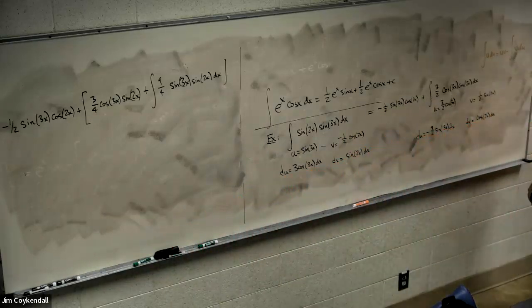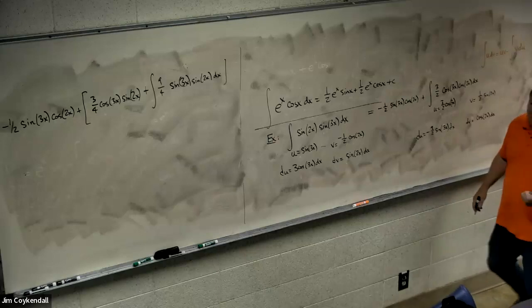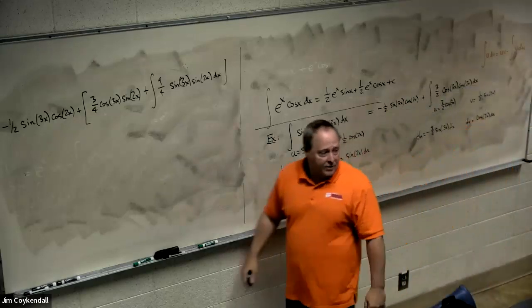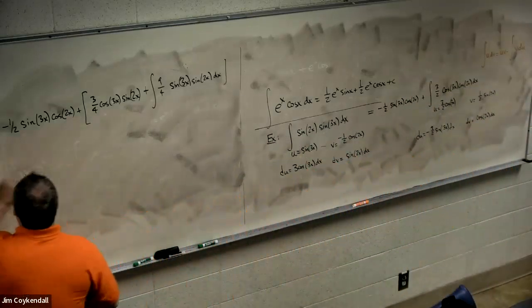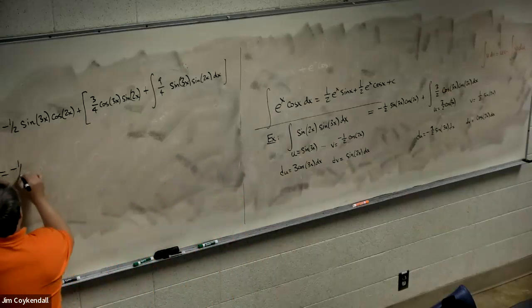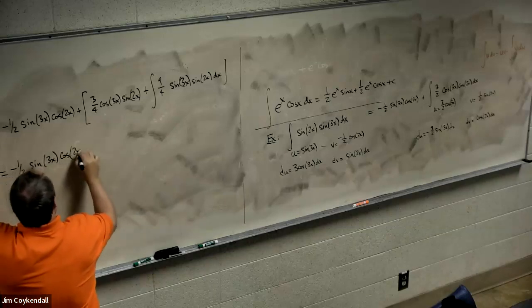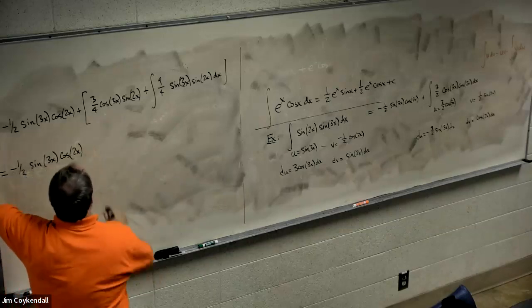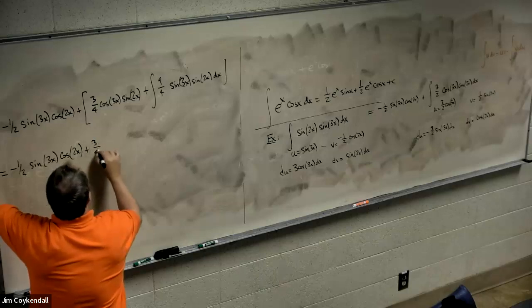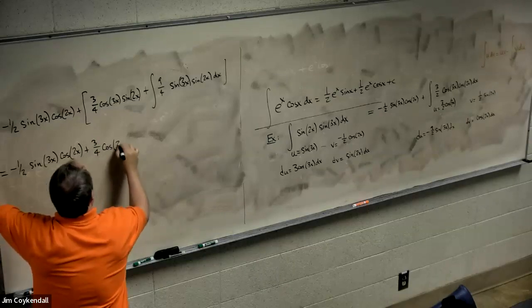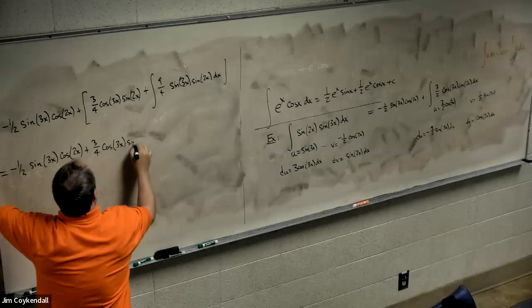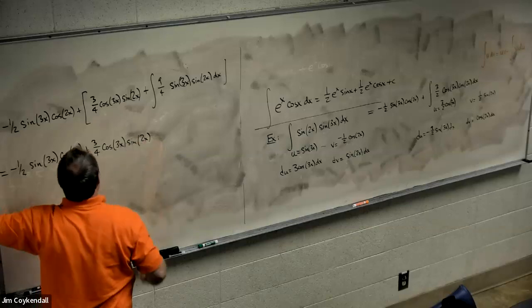Hear me? All right, so let's see. This is minus 1/2 sine 3x cosine 2x plus 3/4 cosine 3x sine 2x.